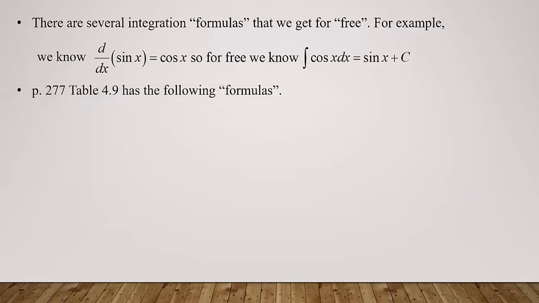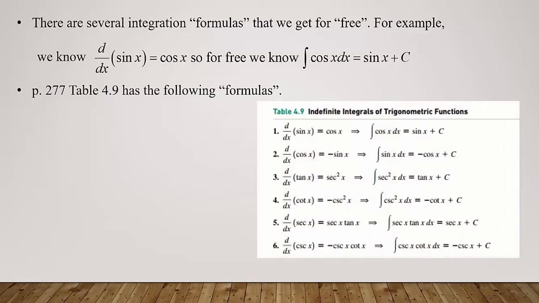Now on page 277, there's a table, I think it's 4.9. It has the following formulas in it. I mean, you look at all these formulas, and it's like, when I was a student, I see a table or I see something in a box, it's like, that's important, I need to commit it to memory. But this table is telling you that you get stuff for free. These aren't formulas you have to commit to memory. Because you know the derivative of sine is cosine, for free, the integral of cosine x is sine x.